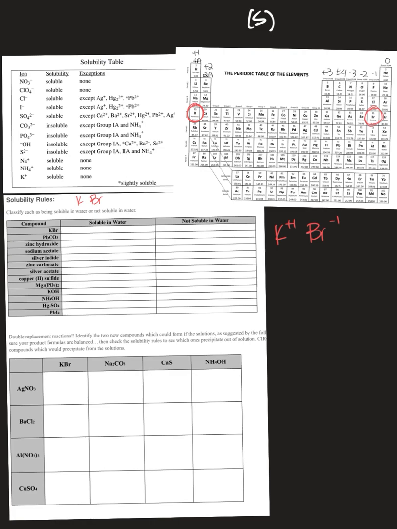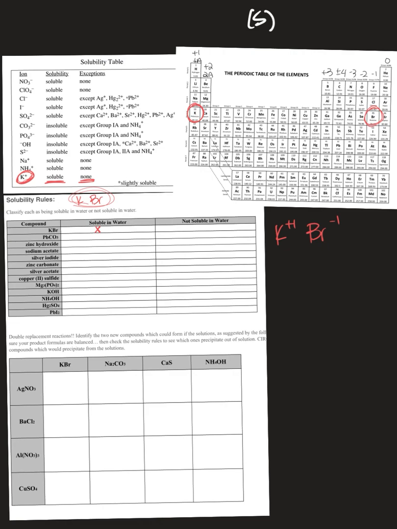Looking at our solubility table, on the back of your periodic table, top left, we can see that potassium, K+, is soluble and there are no exceptions. That means that when combined with bromine, it is in fact soluble in water. So we can put an X in the column for soluble in water.